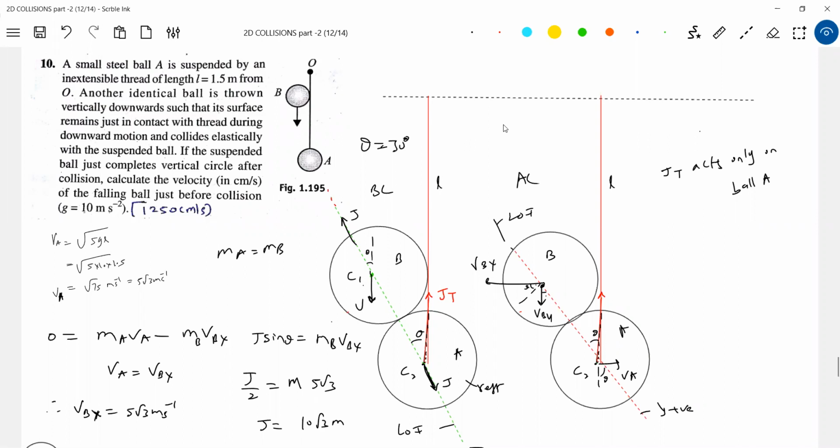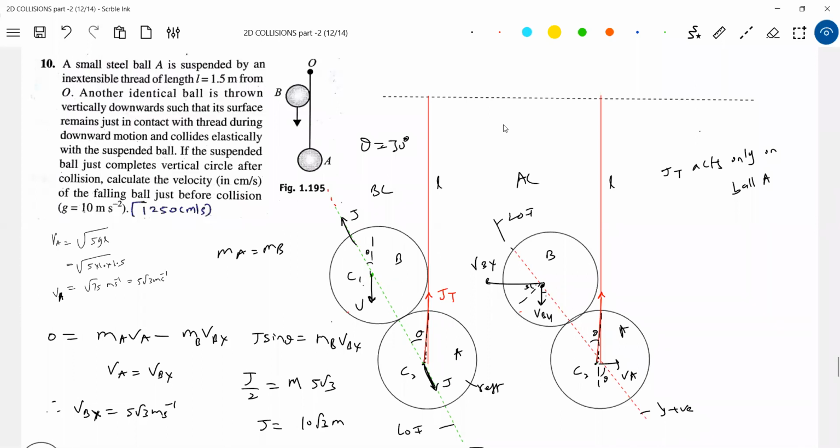And it's an elastic collision. The collision between them occurs elastically. There will be exchange of velocities since masses are the same.